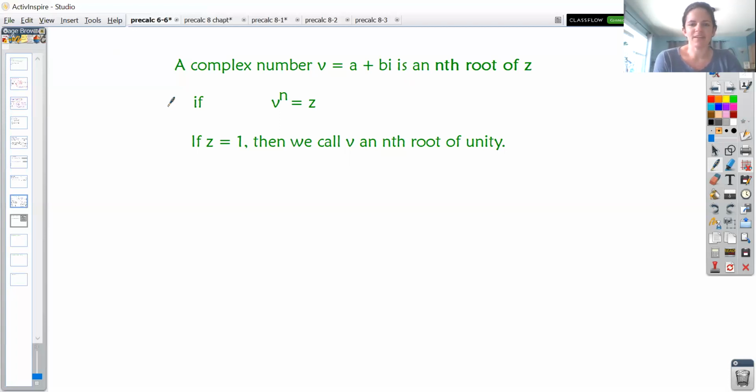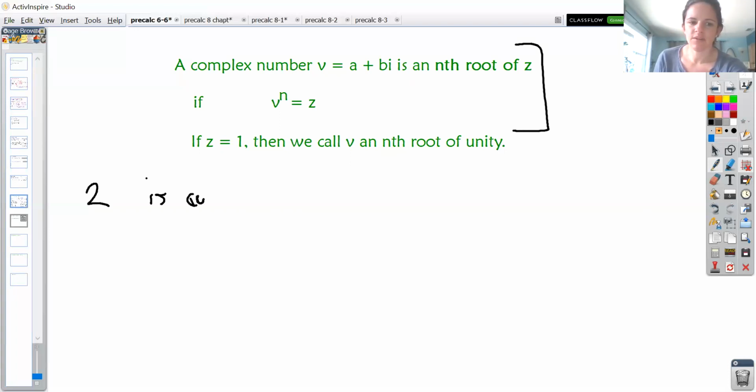And so the textbook gives you this that says a complex number v, they're just defining it to be v, a plus bi, is an nth root of z if v to the n equals z. The example I can give you with real numbers to make it make way more sense is 2 is a cube root.